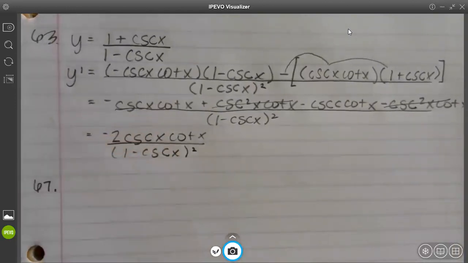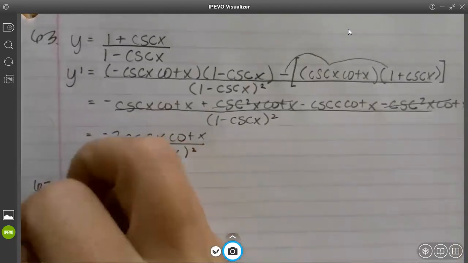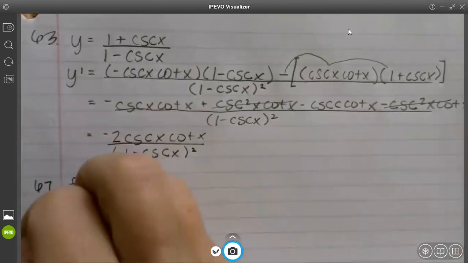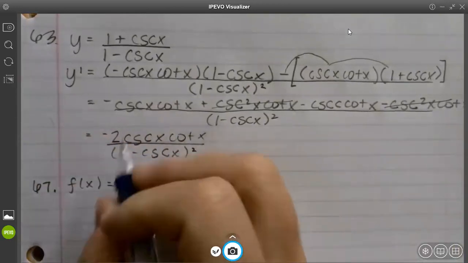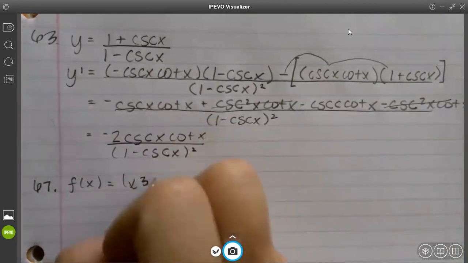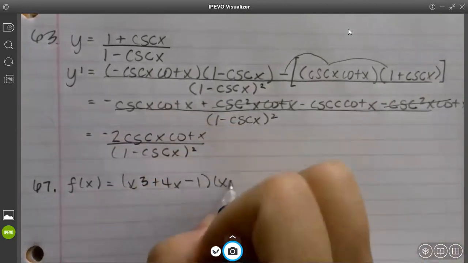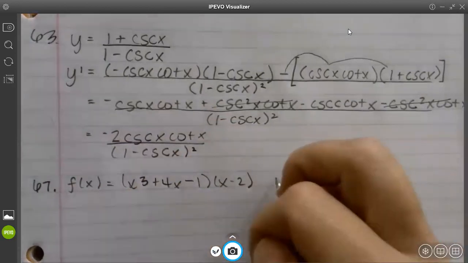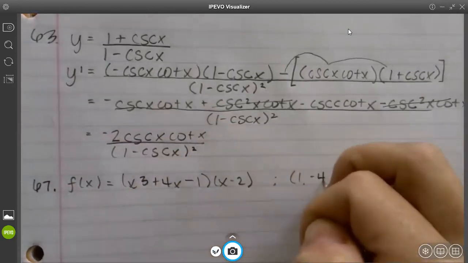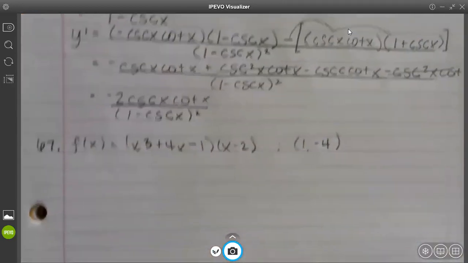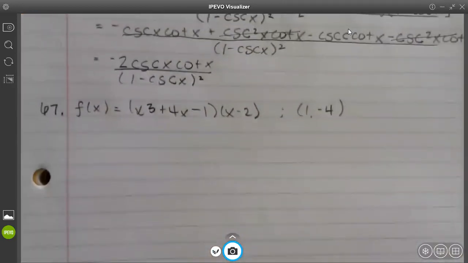All right, 67. You had f of x equals x cubed plus 4x minus 1 times x minus 2, and it gave you the coordinate 1, -4, and it wanted you to find the line of the tangent. Okay.